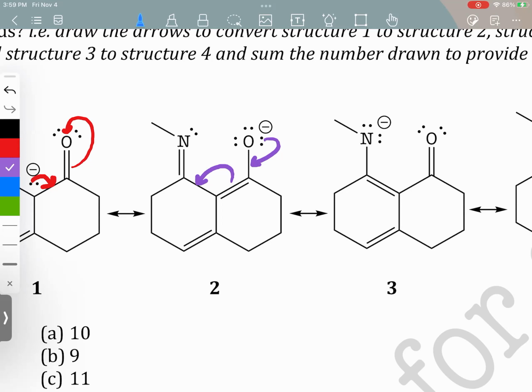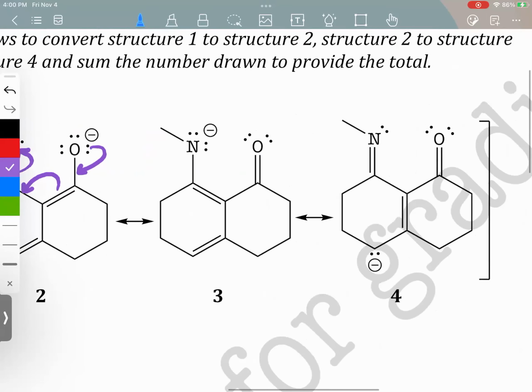Then, break the double bond on nitrogen and push the electrons onto the nitrogen so you get the negative charge. That's the movement we would do. If you had just moved the double bond first and then broken the nitrogen, you would have a negative charge on both the oxygen and the nitrogen, which isn't correct.